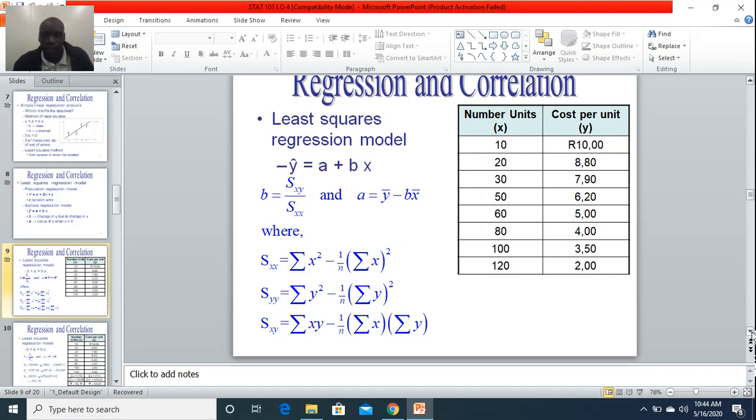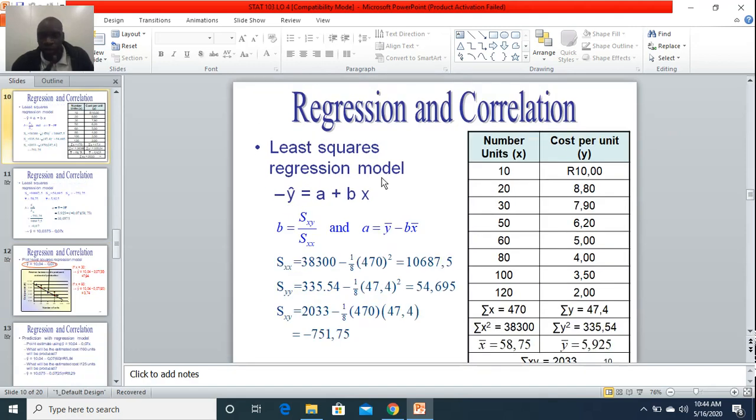Now we have our xy, we have our x, summation of x. So we can now calculate Sxx, from summation of x squared, which we found here, minus 1 over n, which is 1 over 8, times 470, which is the sum of x. We get the answer here, we get the answer here, we divide.